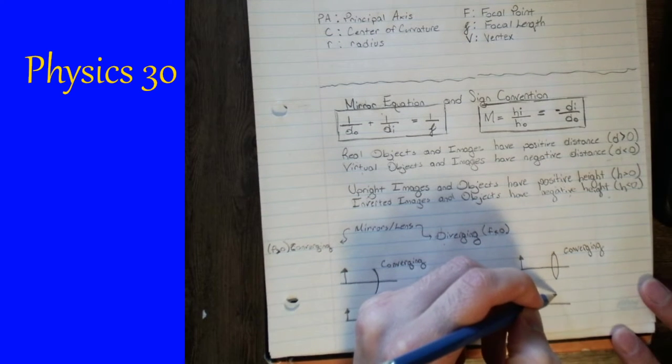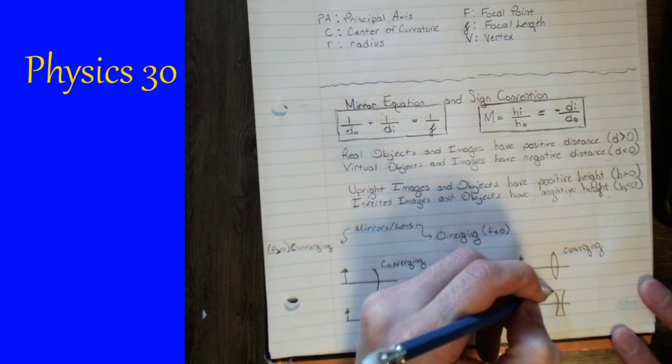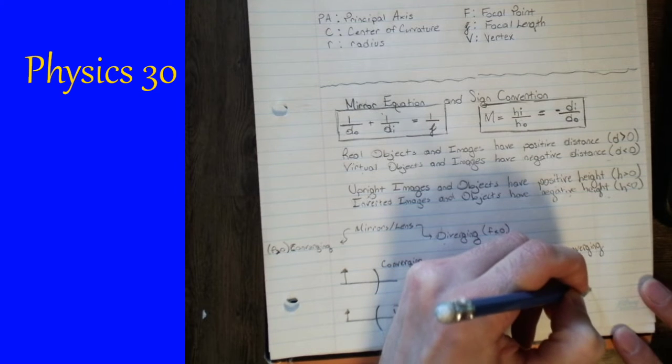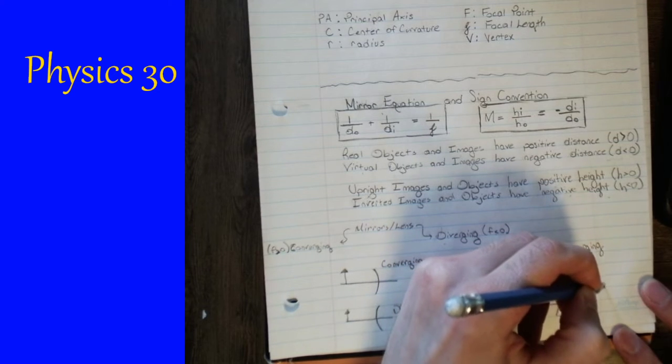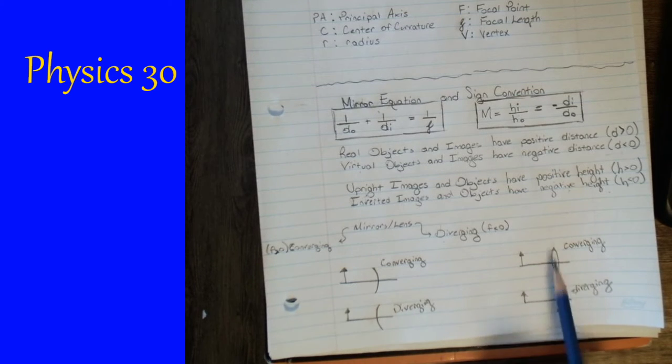And a diverging lens looks like this. Okay, with the main difference being mirrors completely reflect light and lenses will allow light to pass through.